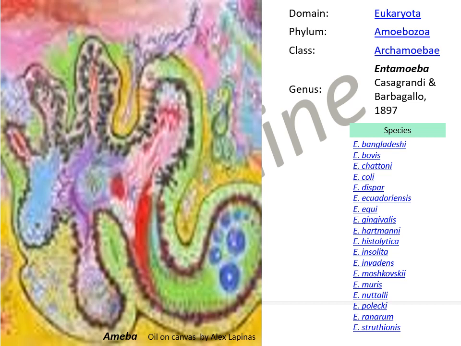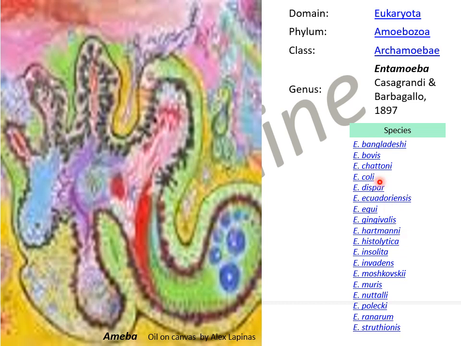Now, what are the species? It's a eukaryote. That means it's got a nucleus. It belongs to the phylum Amebozoa, and the genus is Entamoeba. You have a whole lot of species, out of which Entamoeba histolytica is of clinical interest.